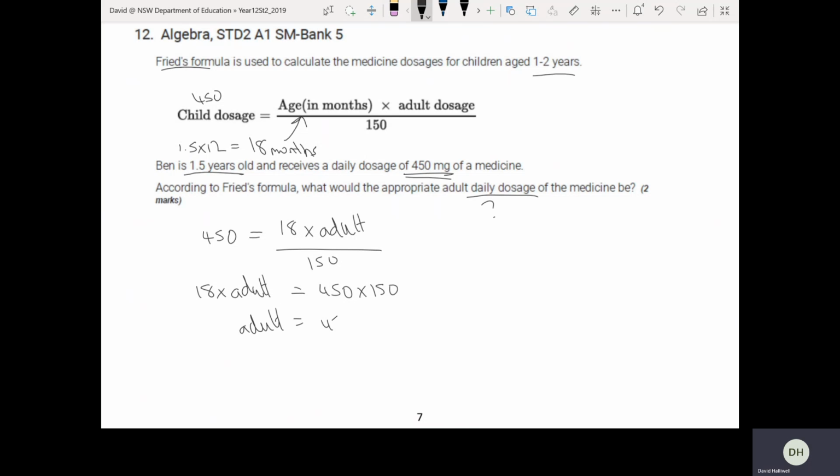So whatever that number was, divide by 18. And we get an answer for the adult dosage, which is 3,750 milligrams. Notice the same. It's always for these medical questions: whatever unit for the child, the same unit for the adult.